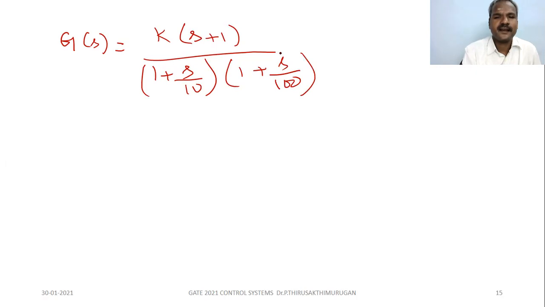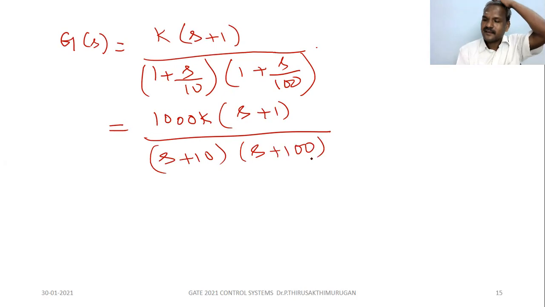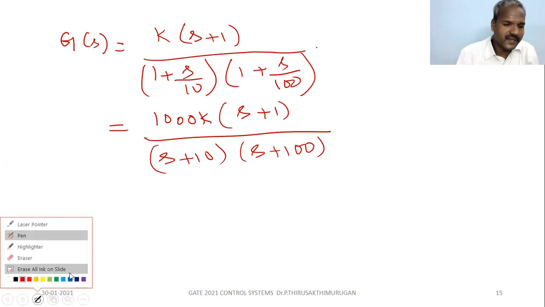If you take the LCM, the denominator has 10 into 100, which is 1000, so G of s equals 1000 k into s plus 1 divided by s plus 10 into s plus 100. Understand or not? Now we have to find the value of k.